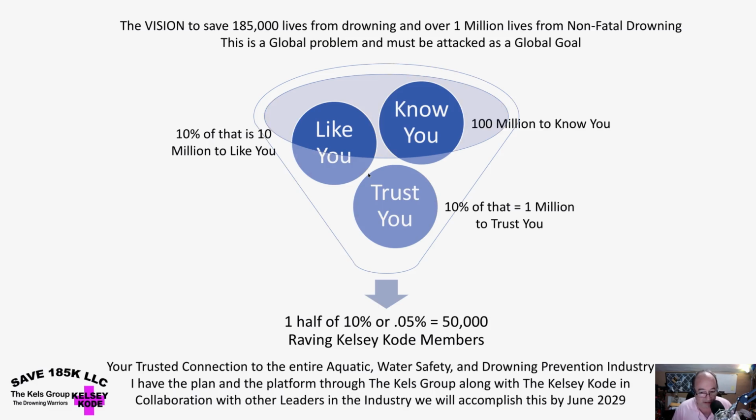These are people who live and breathe and walk and worship the ground and the message that we're talking about. From that standpoint, we're really focused on being the industry leader, the trusted leader, in the entire aquatics, water safety, and drowning prevention industry.